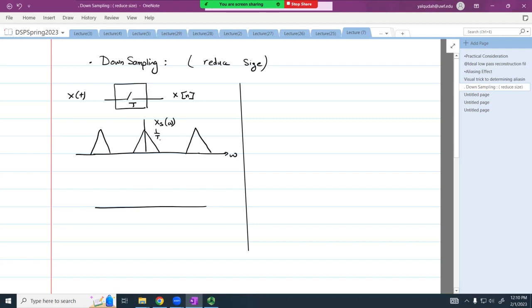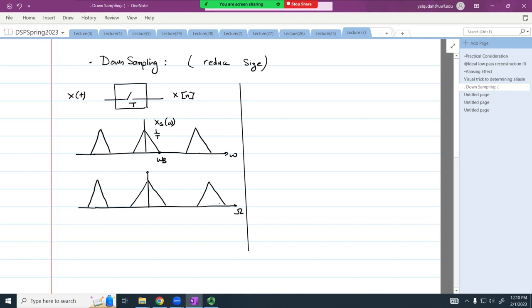This is 1 over T. This is the bandwidth of the signal, wb. And we can plot this against omega. It's the same graph, only the scale changes.